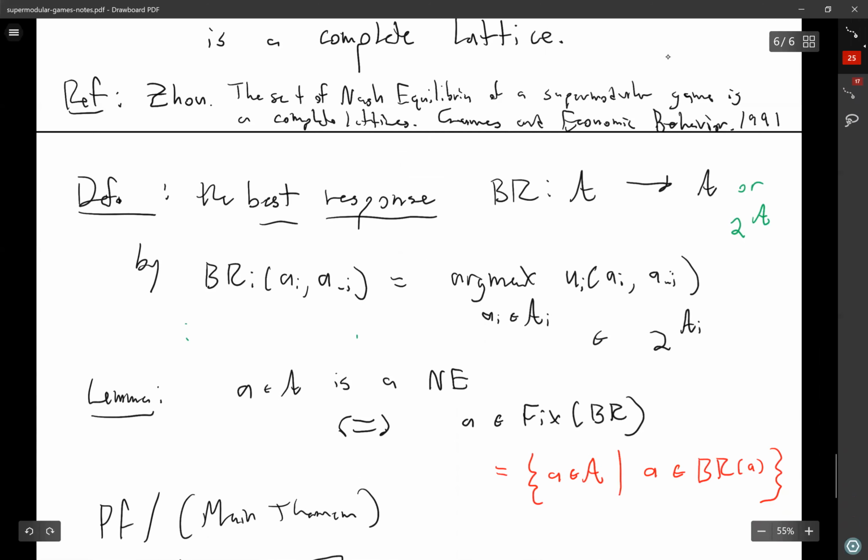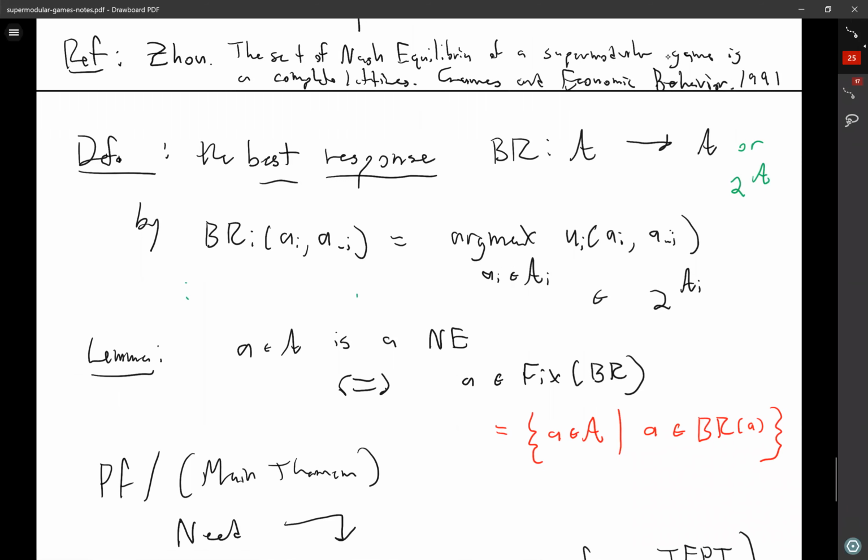So going to review some more definitions. The best response, which I call BR, is a function from the action profile A to the action profile. Basically what this function does, component-wise, is it says the best response for agent i, given their strategy and the strategy of everyone else, is this argmax.